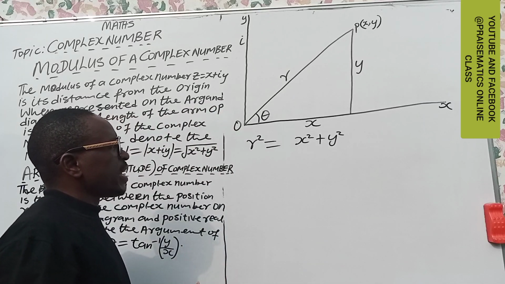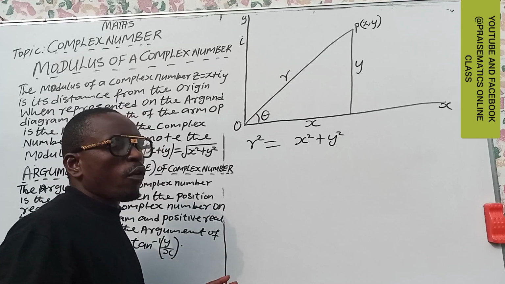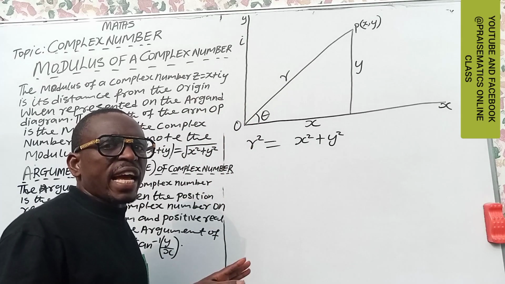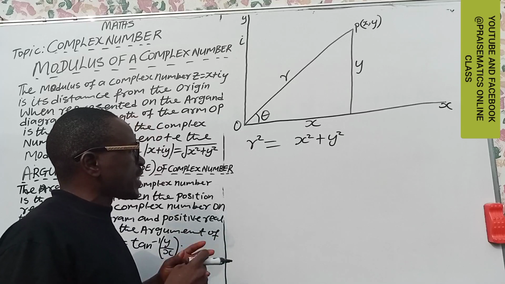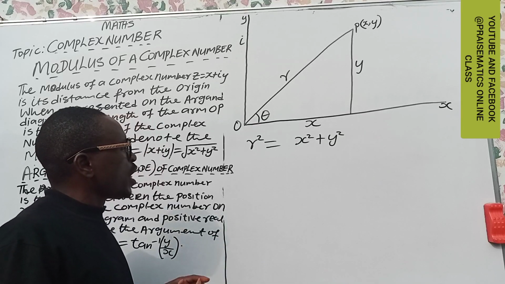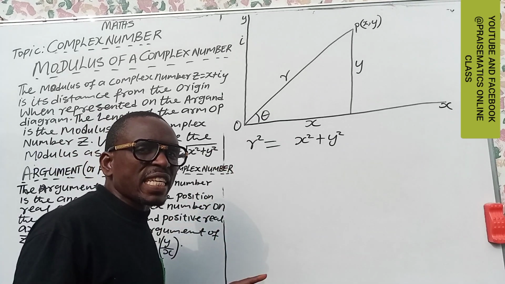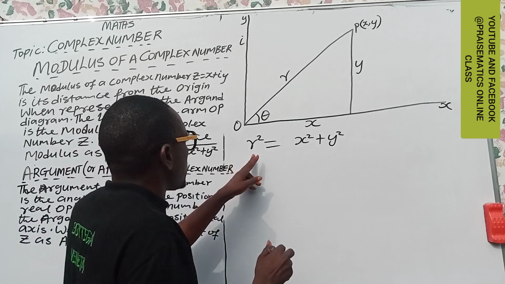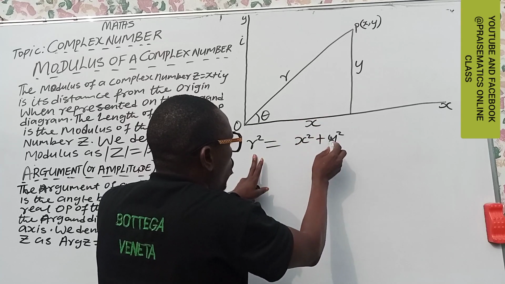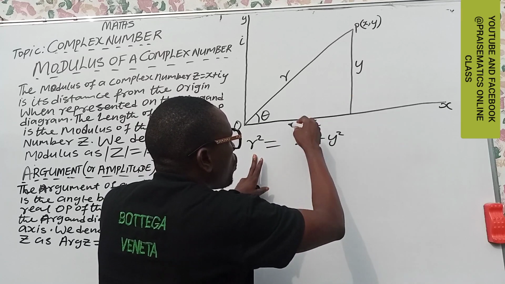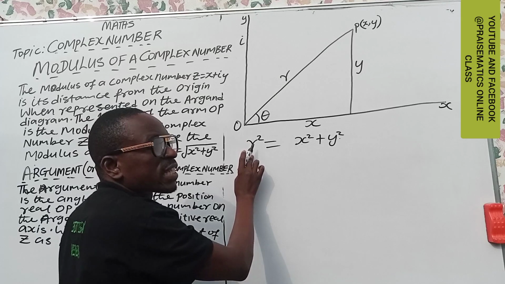Pythagoras theorem stated that the square of the longest side, which is the hypotenuse, is equal to the sum of the squares of the two other sides, called adjacent and opposite. So the square of the longest side is equal to the sum of the squares of the other two sides, which is x square plus y square. Now how do we do this? We want to make r the subject of the formula.